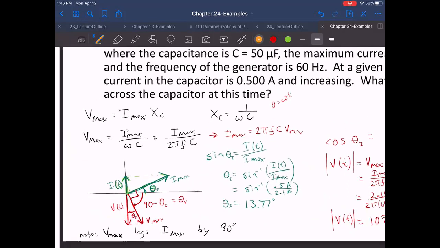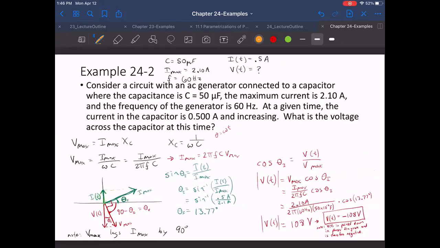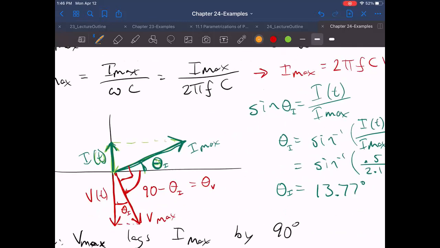Now, looking at our I_max, I know that at some point it's going to have a current of 0.5 amps. So I drew this picture up right here, and I said, okay, this is my I_max. It's going to be at some angle theta, which is omega t. And when that happens, this is essentially going to be 0.5 amps.